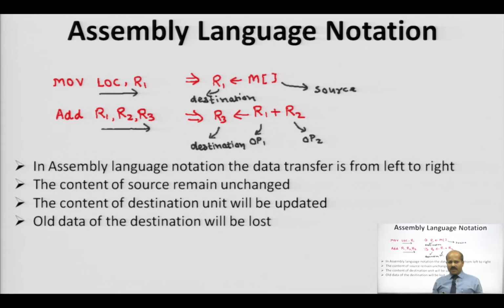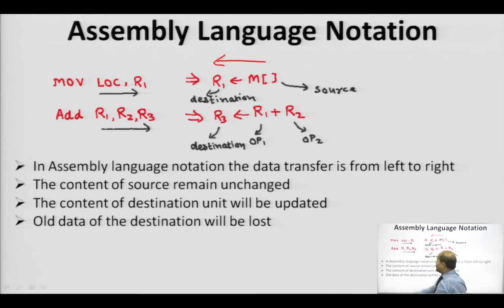In assembly language, the flow of data goes from left to right. However, in a general language it can be interpreted as right to left, meaning we are transferring the content from the memory location to R1, where the memory location is the source and R1 is the destination, and this arrow represents the direction of data transfer.